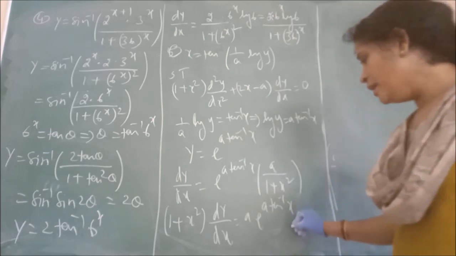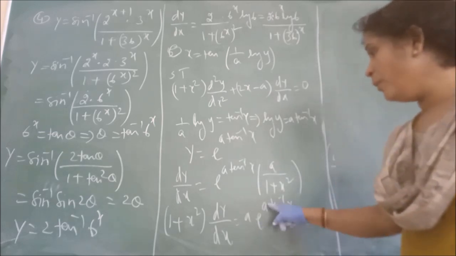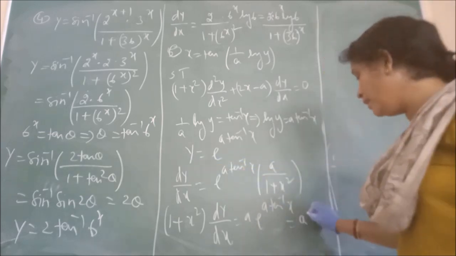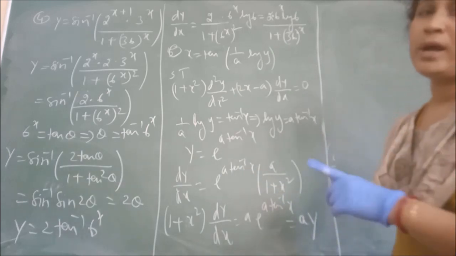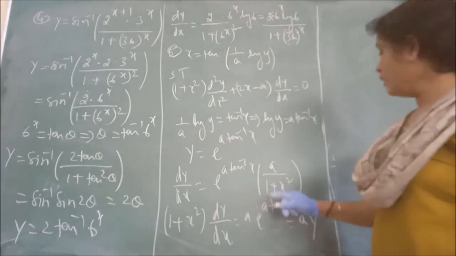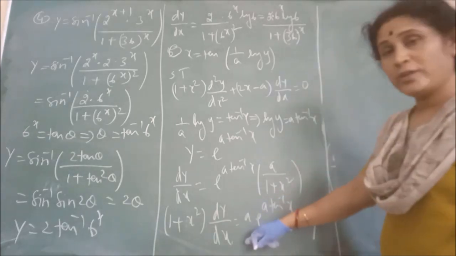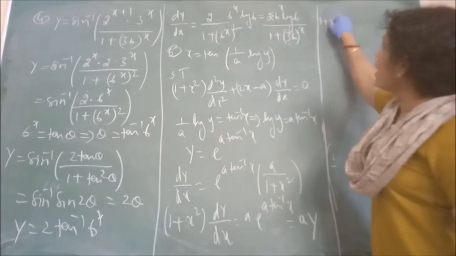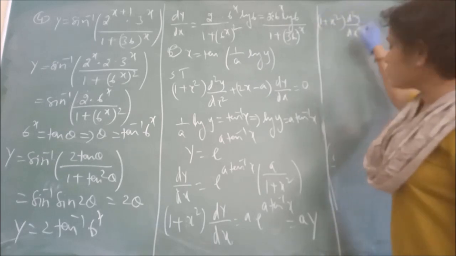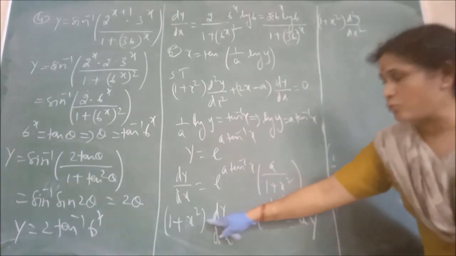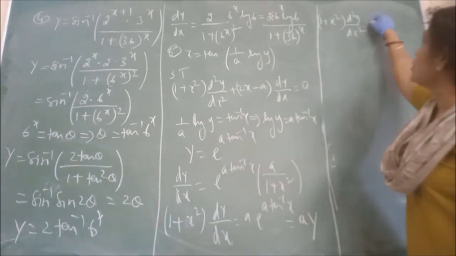So what I am doing is, that is equal to a into e power a tan inverse x, which is y. So as per the proof you have to carry your answer. Keep that in your mind. Now I am going for the second derivative. 1 plus x square I am keeping constant, so d square y by dx square, plus if I keep dy by dx constant, the differentiation of 1 plus x square is 2x.